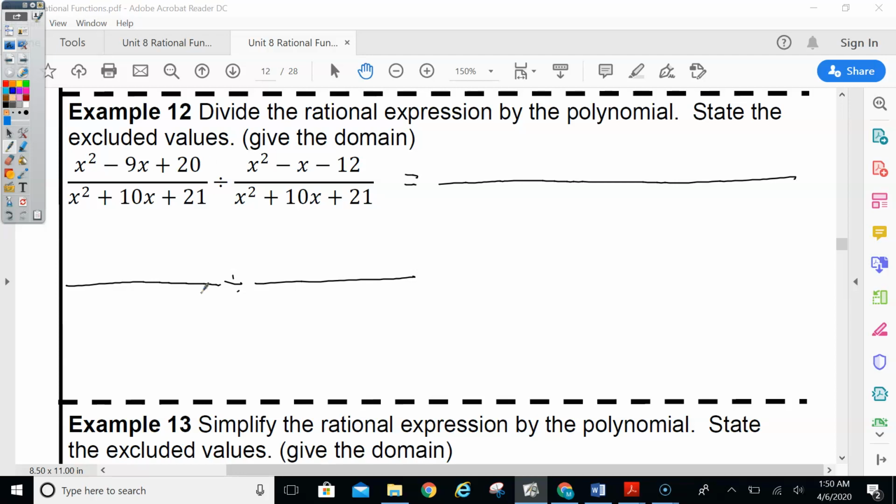So if you look at your warm-up sheet, this was the 20 on the bottom and the negative 9 on the top. So for 20 on the bottom and negative 9 on the top, should have been negative 4 and negative 5. 21 on the bottom and 10 on the top is 7 and 3, or 3 and 7, with both being positives.